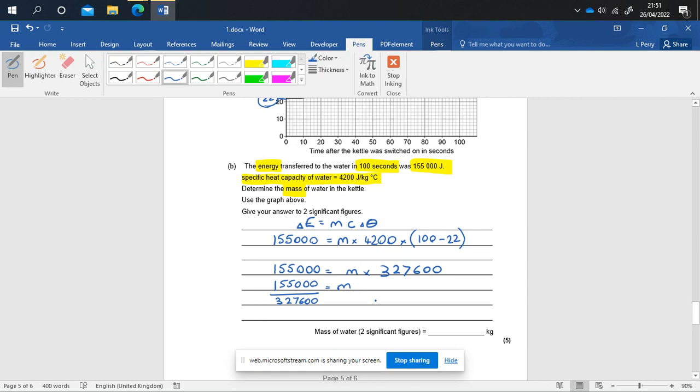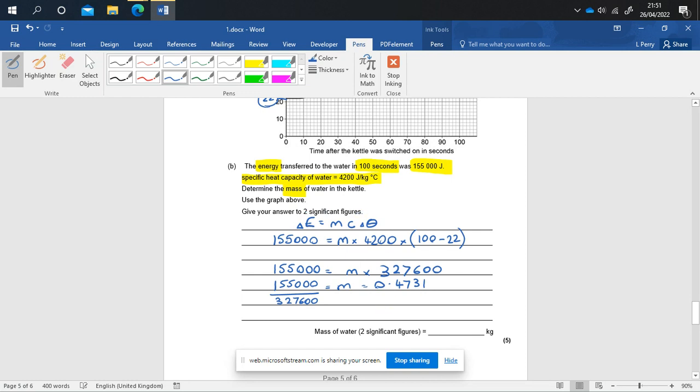Let me actually do that. And I get 0.4731, and the calculator goes on, but I'll just write 0.4731. Now it does say give your answer to two significant figures.